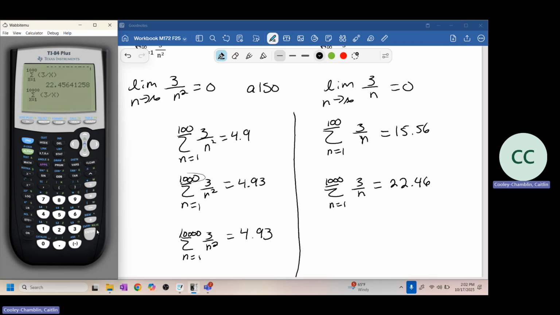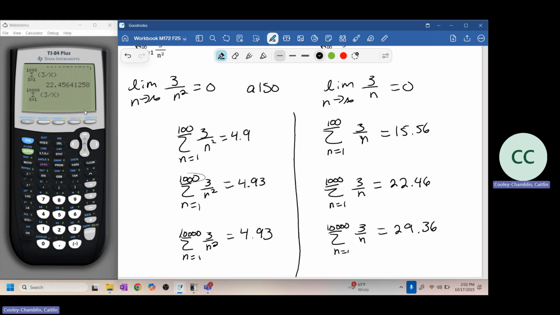It's okay. It's just calculating. So the summation of n equaling 1 to 10,000 of 3 over n, and I'm going to go ahead and give it away, is 29.36. Notice this is not approaching a number. These are getting larger and larger.